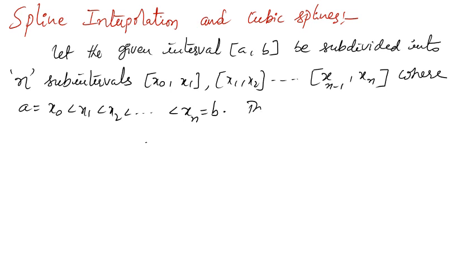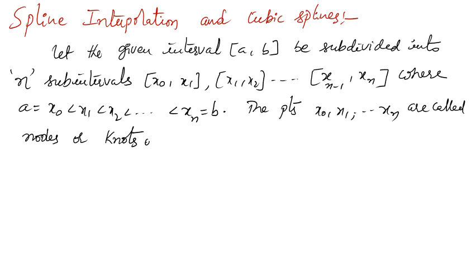And the points x0, x1, and so on, xn are called nodal points, or simply called nodes, or one can write knots or grid points, or mesh points.